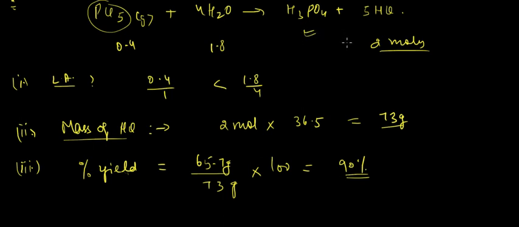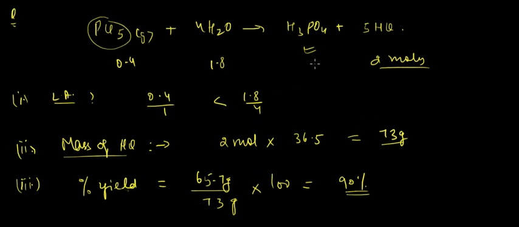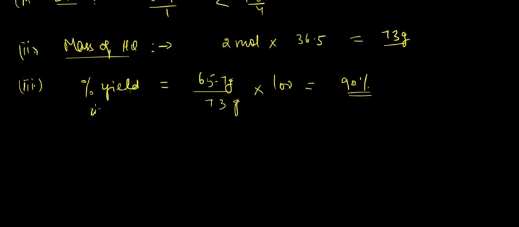For H3PO4 percentage yield was 100%, means whatever the mass of H3PO4 at stoichiometry, the same mass we actually get from the actual reaction as well. So for calculating percentage yield of overall reaction, you can just combine the weight of both and divide the stoichiometry weight of both and multiply it with 100. Okay, this percentage yield is for HCl.